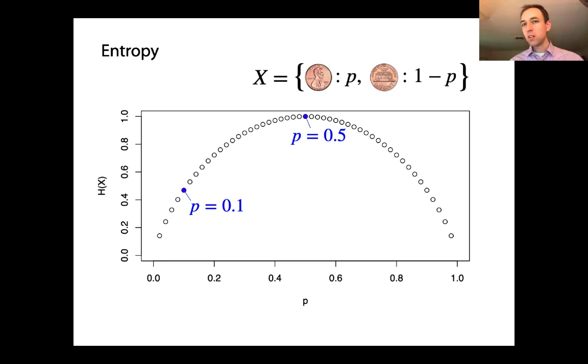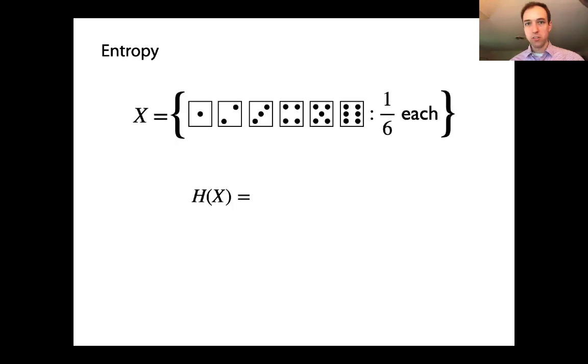All right, so let's look at a few other examples of Shannon entropy and try to get used to this idea of what kind of lopsidedness leads to higher or lower Shannon entropy. So let's move away from coins. Let's talk about die rolls. Let's say we have a die roll random variable, fair die. So the probability of 1, 2, 3, 4, 5, or 6 are all 1/6. So I can write down the Shannon entropy. It'll be a little more convenient for me to write it as a sum this time.